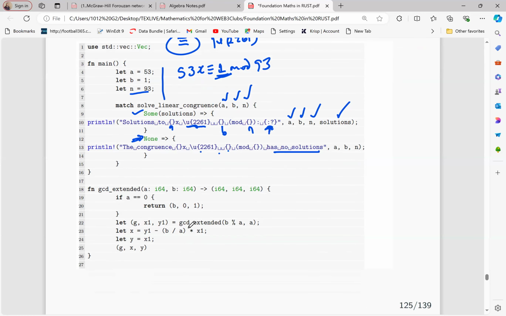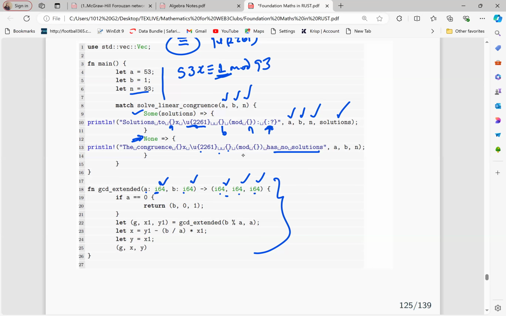If you want to use big integers, then you'll be using big int instead of this. So that means that A is an I64. That means it could be negative or positive. Then B is also I64. That means it could be positive or negative. And then the result is supposed to be also I64, I64, I64.